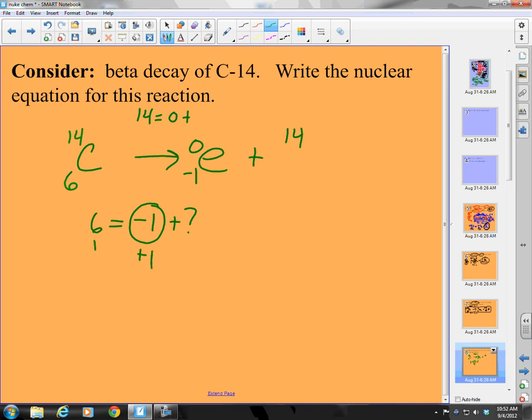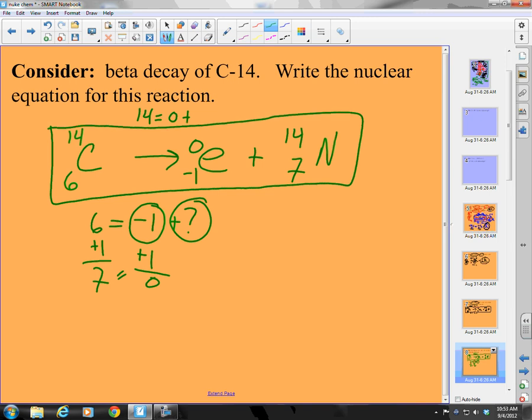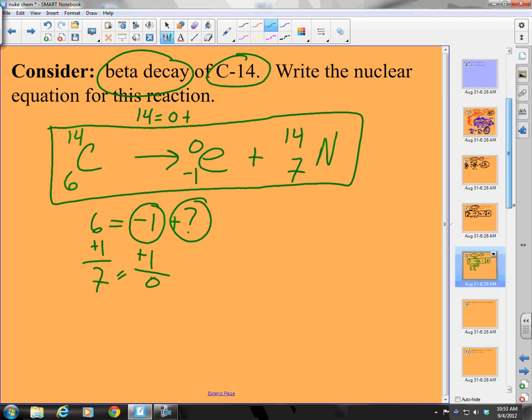I add +1 to both sides, right? So that becomes 0, that becomes 7. So my question mark is equal to 7. 14, 7, look on the periodic table. 7, what do I have? Nitrogen. So here is my nuclear equation that represents the beta decay of carbon-14. Can you do that? I think that you can.